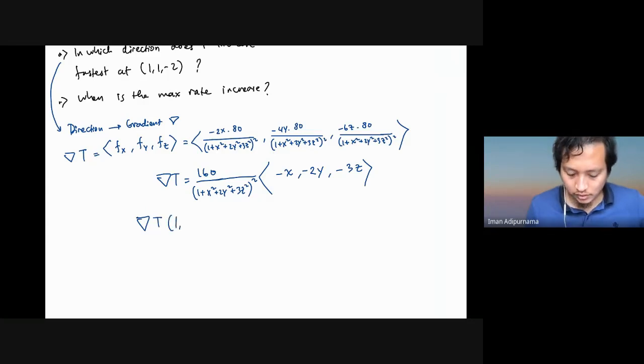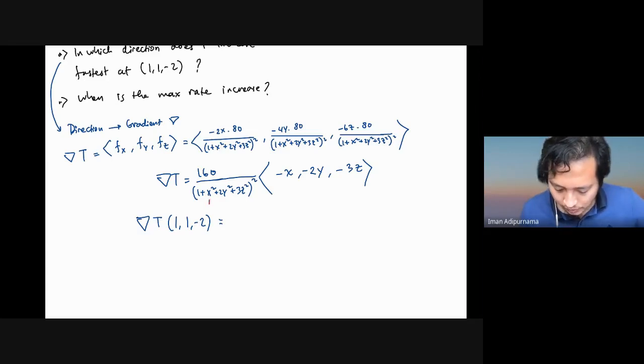So at (1, 1, -2), you can try to look here. It's 2, 12, 2, 2, 4, 16, 16 squared. So I have 16 squared.